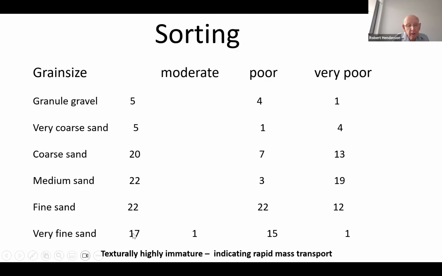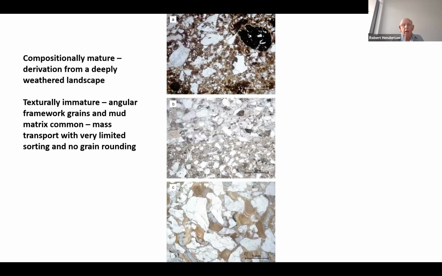And here are the lithologies over here, very fine sand through to granule gravel. So texturally, it's a very immature sediment system.